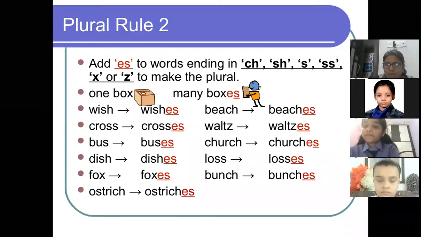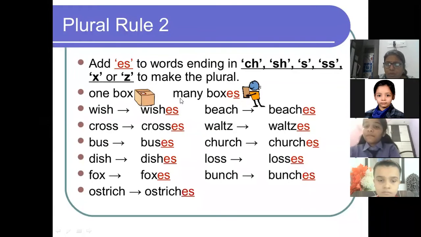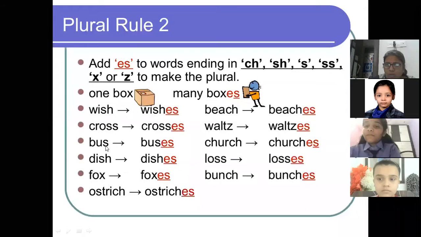For example, if I take S, it is BUS. So according to our rule, when the word is ending with S, we are simply adding ES and it is becoming buses, right?